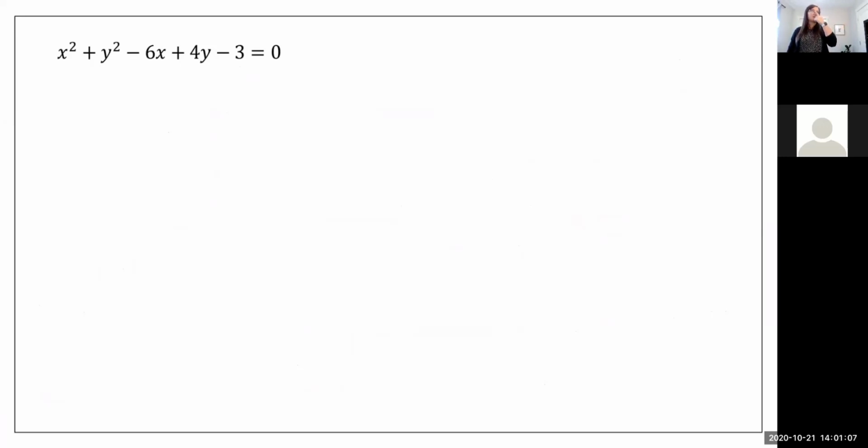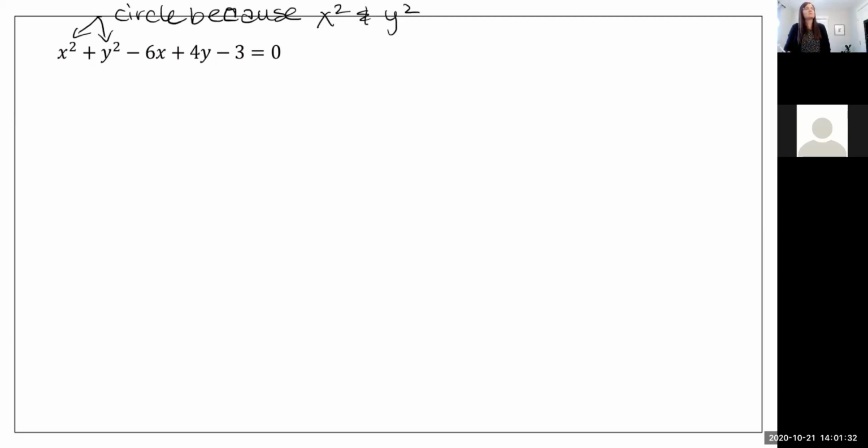If I only had x squared but y was not squared, it'd be a parabola, right? If I had a square root, it would be something else. So you can tell it's a circle right away because both x squared and y squared are there.